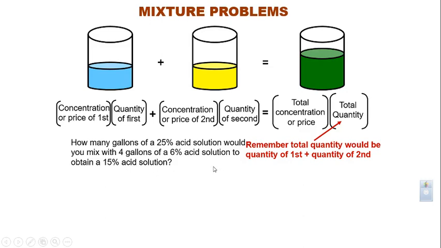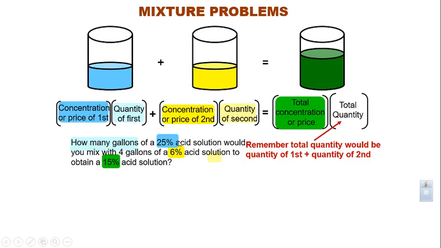Now, what you want to do is identify how much pure acid is in the first solution. The concentration is 25%, but we do not know how much is there initially, so we're going to just call that X. So we do concentration multiplied by X. Then for the other mixture, the concentration is 6%, and the volume is 4 gallons.